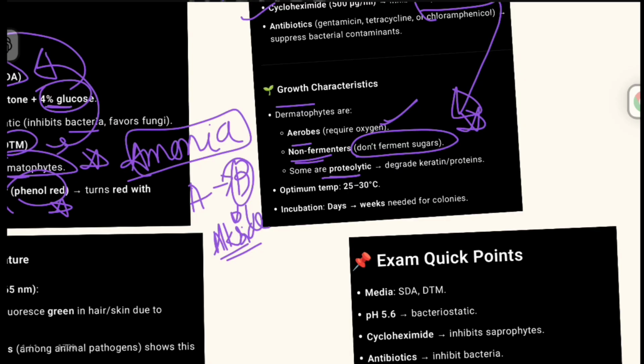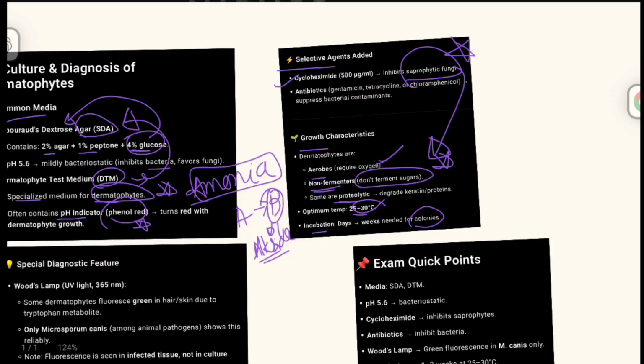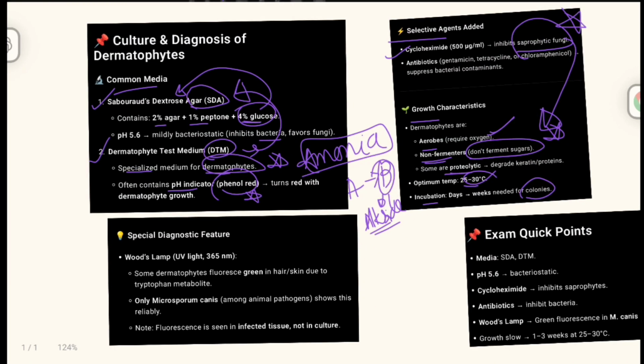The optimum temperature for their growth is 25 to 30 degrees Celsius, and the incubation period ranges from days to weeks for colonies to grow. These are the cultural characteristics of the dermatophytes in the medium.